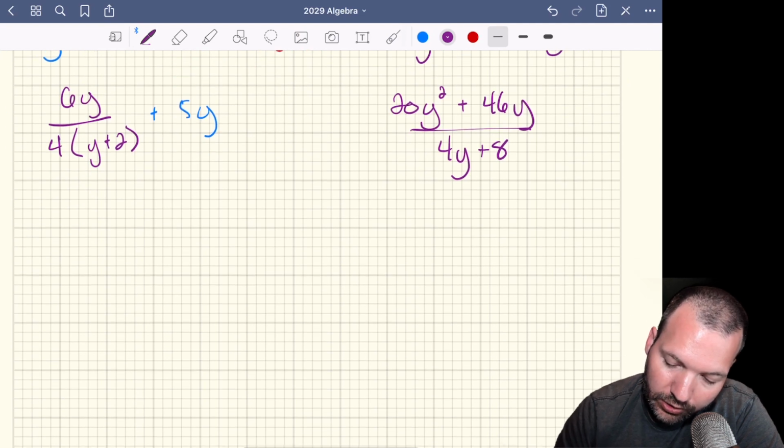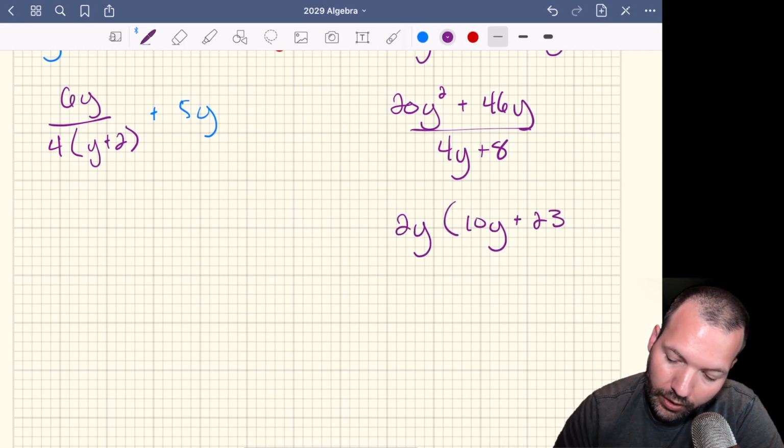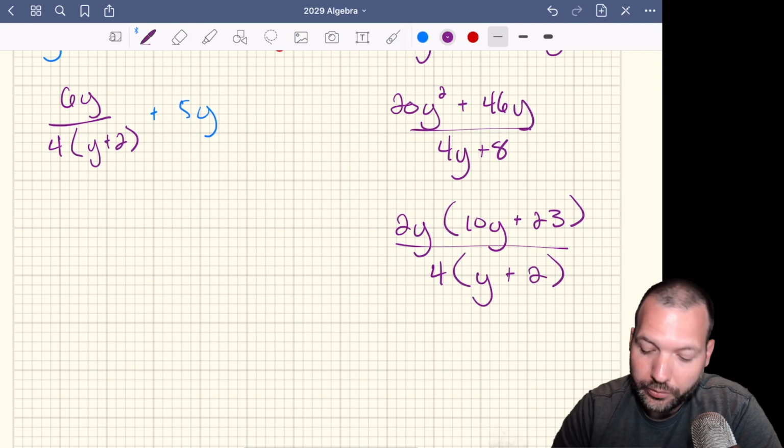Now at this stage, you should realize, oh, we've got a common factor here. 2y goes in, leaving 10y and 23 for the numerator, and 4, as we saw over here, comes out of the denominator, leaving y plus 2.